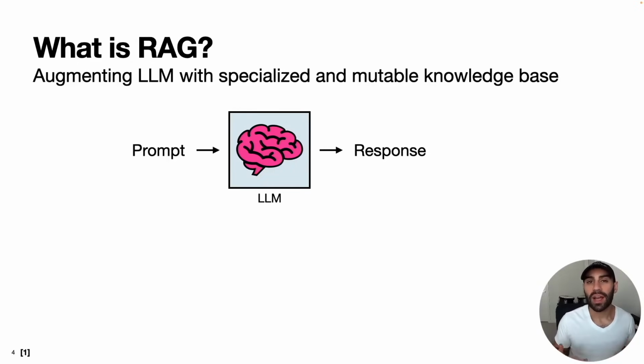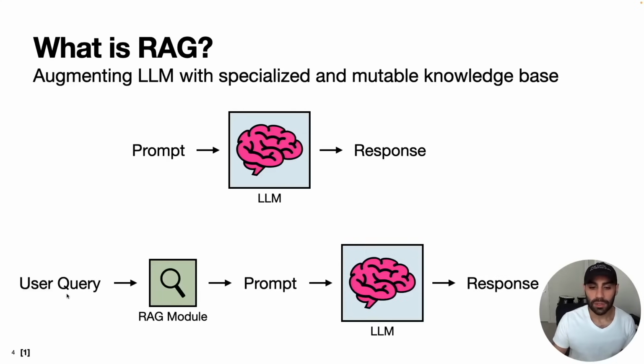If we want to add RAG into the mix, it would look something like this. So instead of starting with a prompt, we'll start with, say, a user query, which gets passed into a RAG module. And what the RAG module does is that it connects to a specialized knowledge base, and it will grab pieces of information which are relevant to the user's query and create a prompt that we can pass into the large language model.